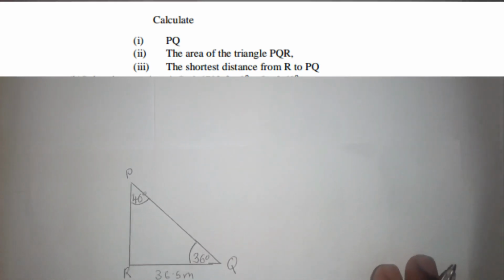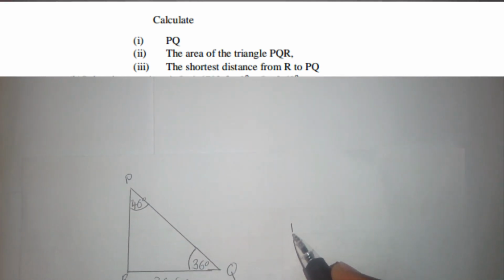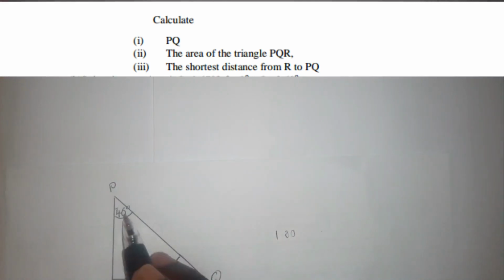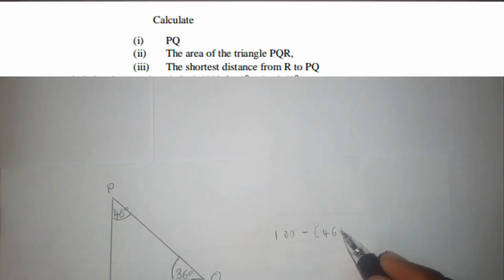For us to find angle R, we need to use the property of a triangle whereby the total sum of angles in a triangle adds up to 180. So in order for us to find this angle, we'll add these two and then subtract the answer we get from 180. So it will look like this: 180 minus open bracket 46 plus 36 degrees.